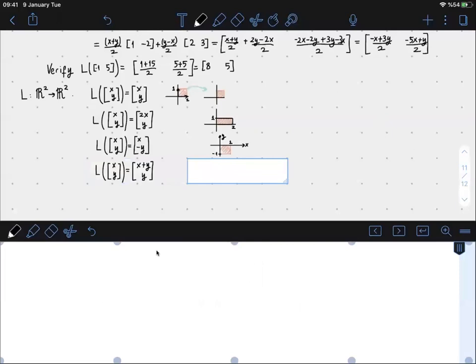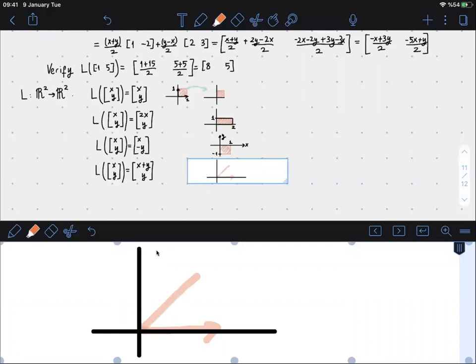Okay, this time it's taking the 1 0 vector to where? The 1 0 vector is sent to 1 0, right? What about 0 1? The vector 0 1 is sent to 1 1. What is the 1 1 vector? The 1 1 vector is this guy.